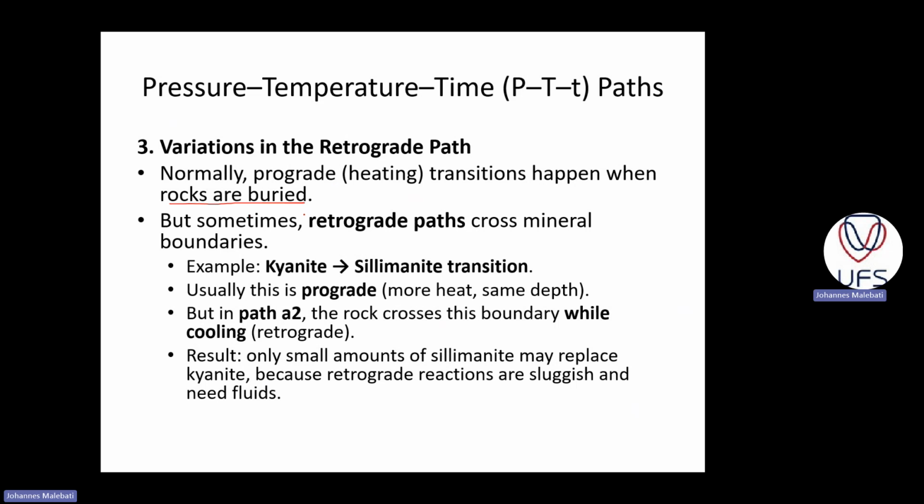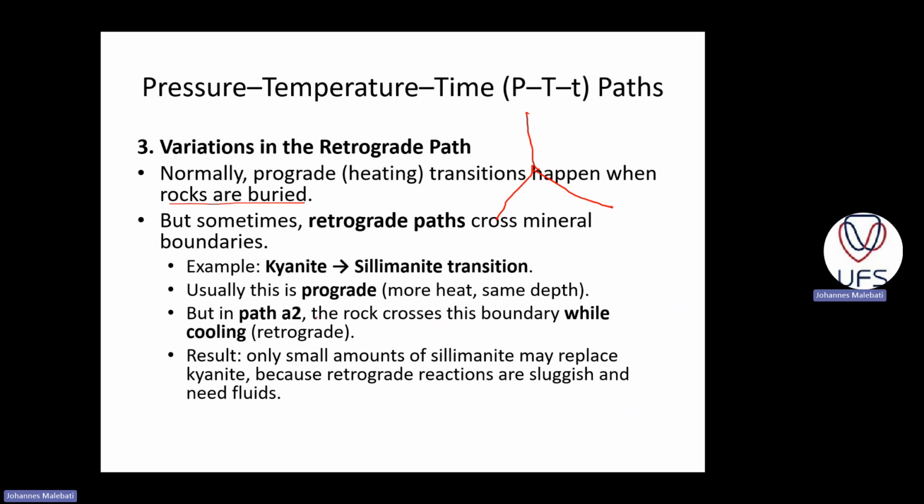But sometimes there is a retrograde path across mineral boundaries, for example, the kyanite to sillimanite transition. Usually, this is prograde, more heat, but at constant depth.